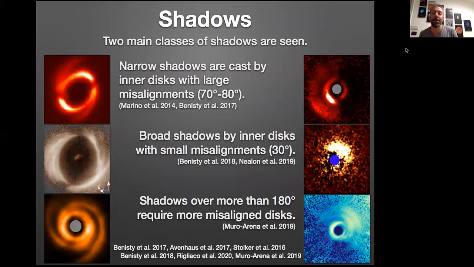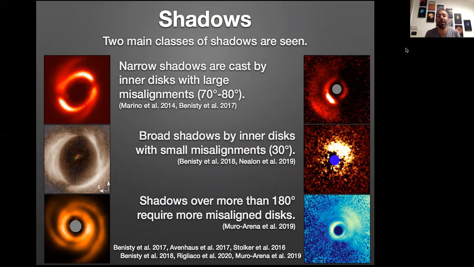Shadows are the other feature that we recurrently see in disks that can tell us a lot about the disk geometry. In fact, our current understanding is that shadows are related to the inner disk casting a shadow on the outer part.